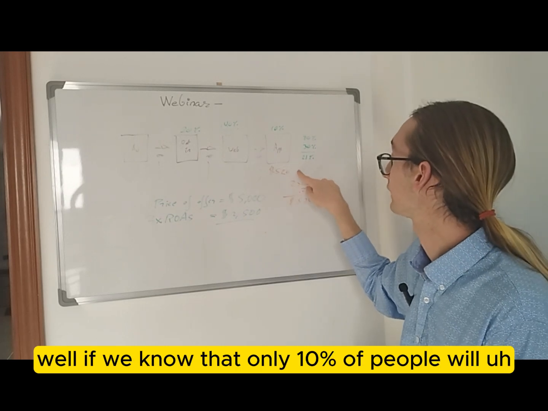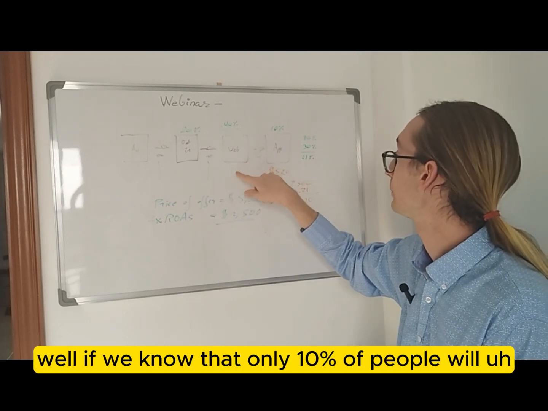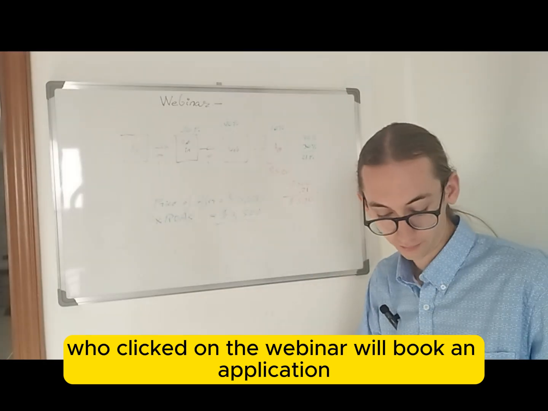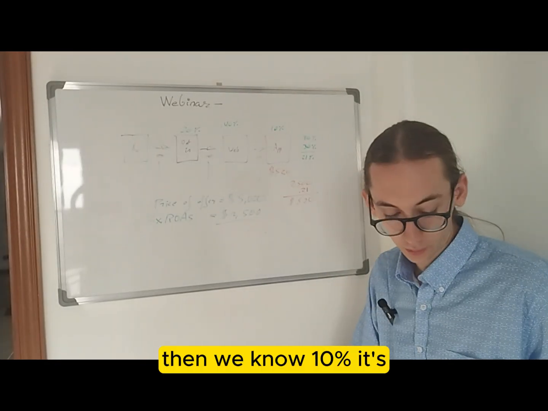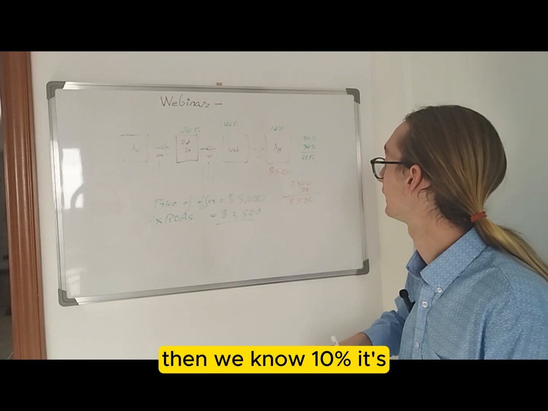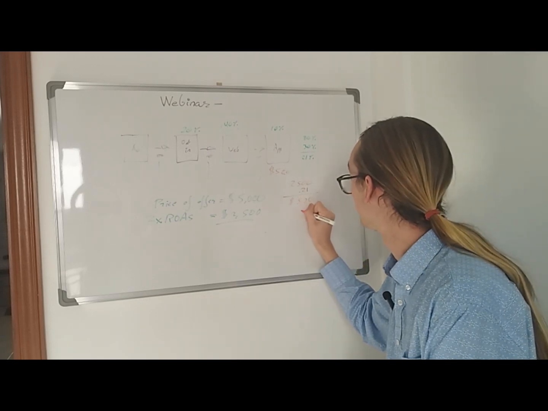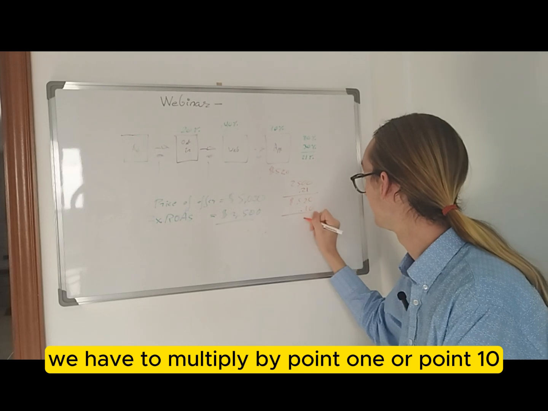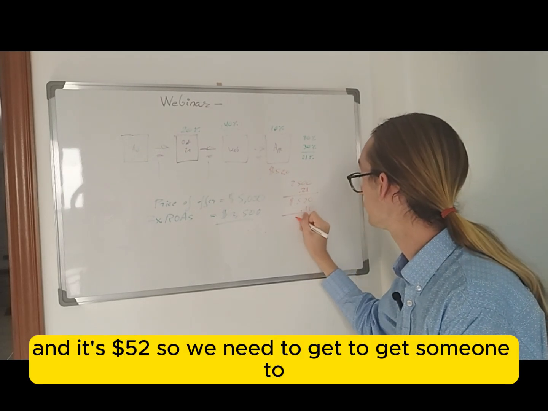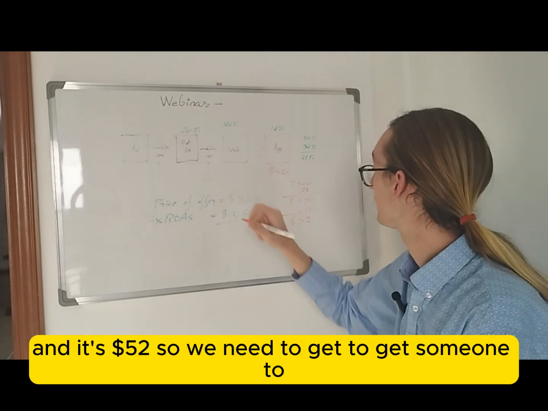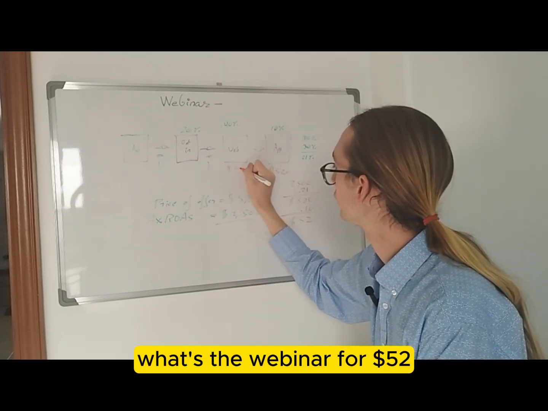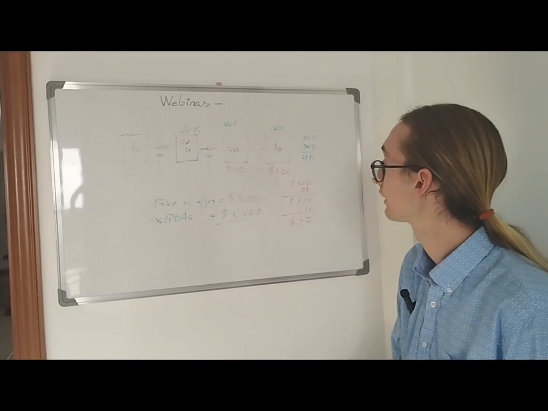Well, if we know that only 10% of people who clicked on the webinar will book an application, then we multiply it by 0.1, and it's $52. So we need to actually get someone to watch the webinar for $52.